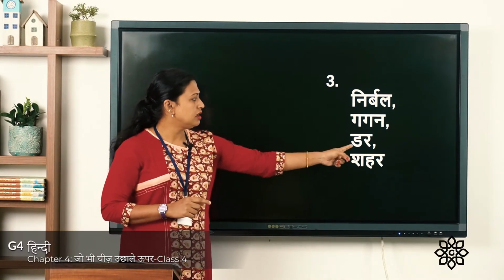The meaning is earth. The fourth word, that is gagan, you have to circle. Its meaning is sky. Third one, bhed, rahasya, raz. The meaning is secret. And the fourth one, that is dar. Meaning is fear. So the odd one is dar. You have to circle it.